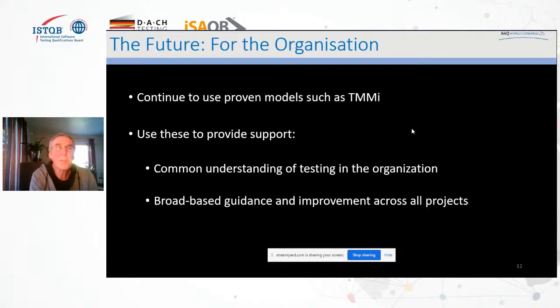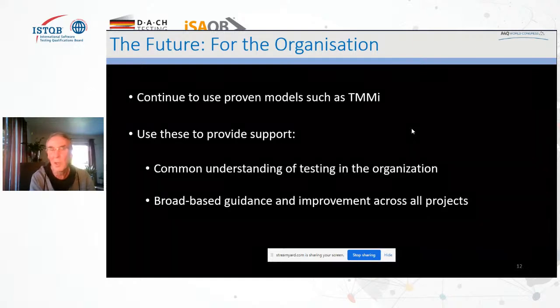So this poor guy obviously had a need, a demand for some kind of maturity from the process that was being used. And I think that under that kind of situation, it's quite a viable thing, even in the future, for organizations to use a model such as TMMI.